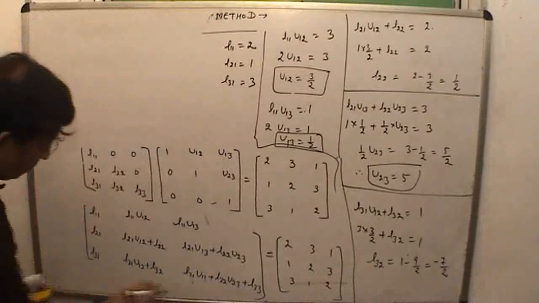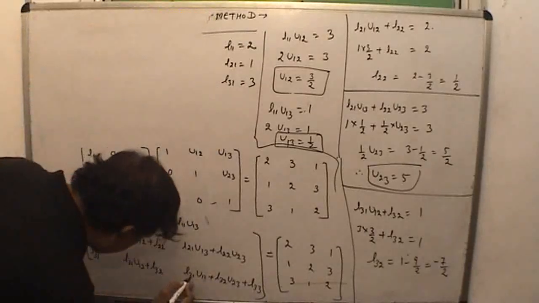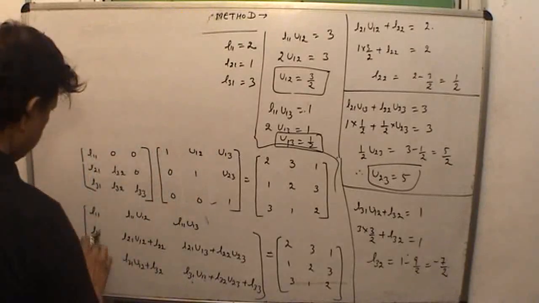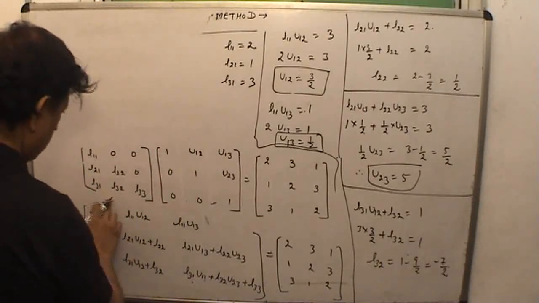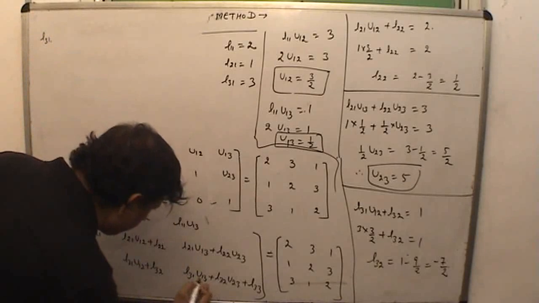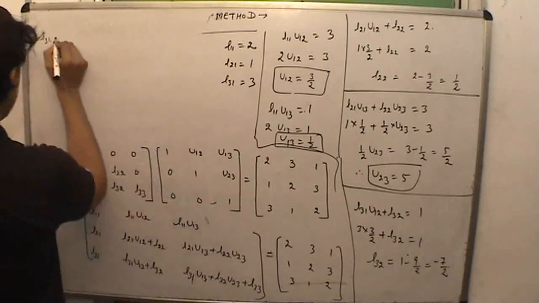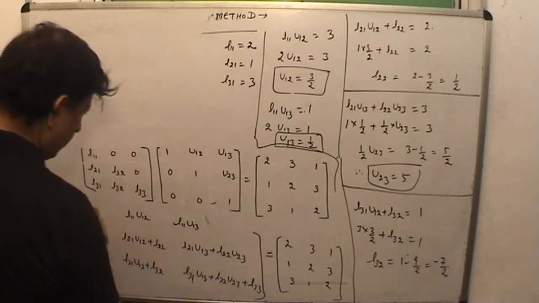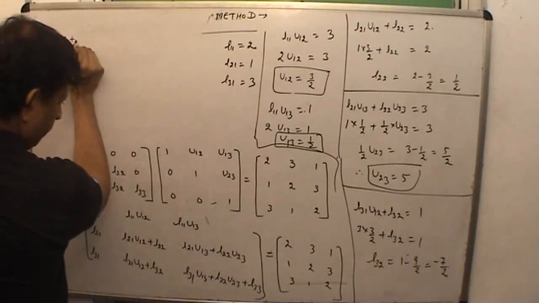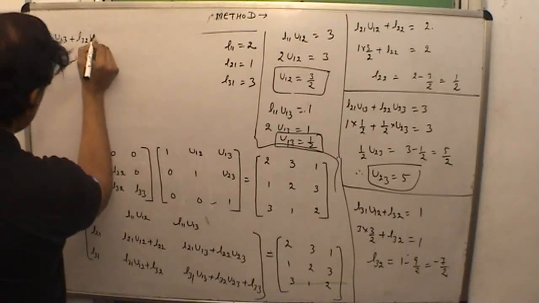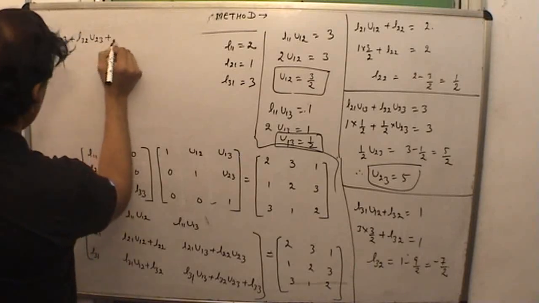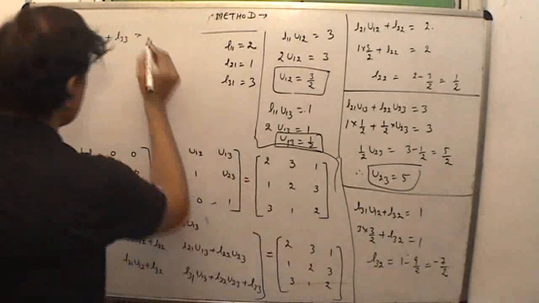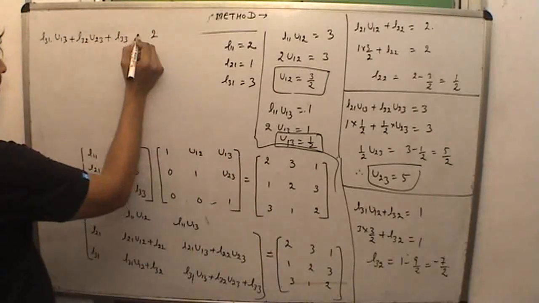We have the last equation, it is L31 U13 plus L32 U23 plus L33 is equal to the last element, that is equal to 2.